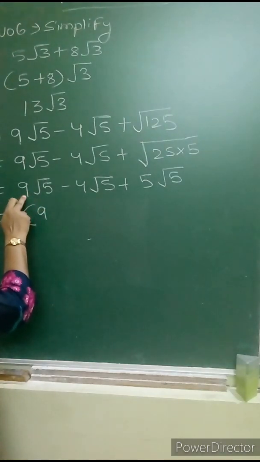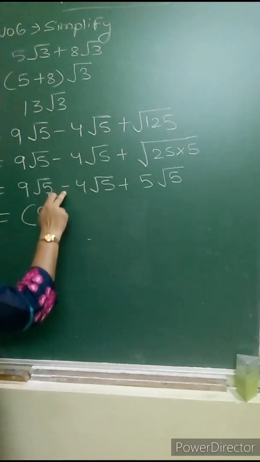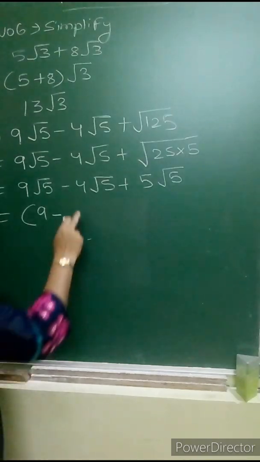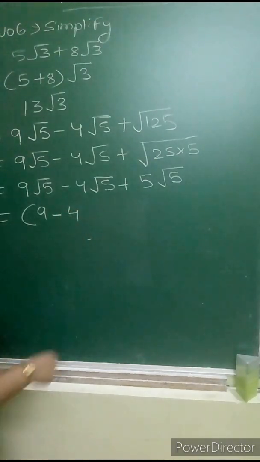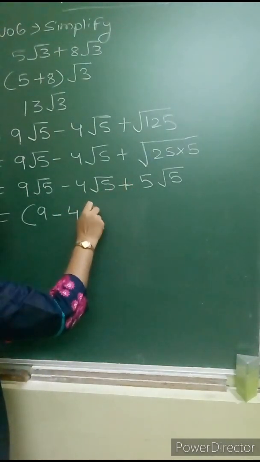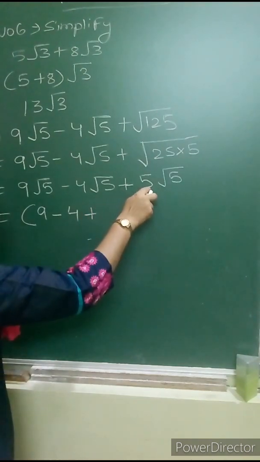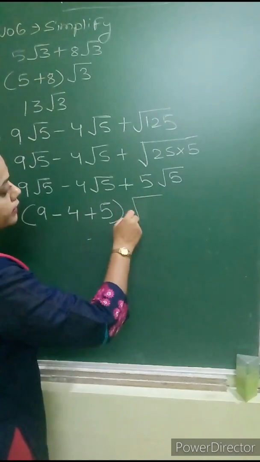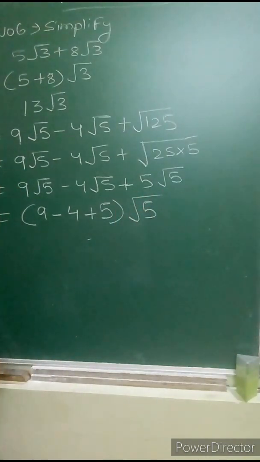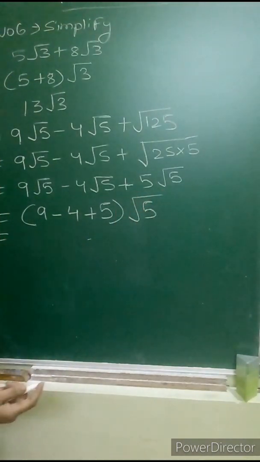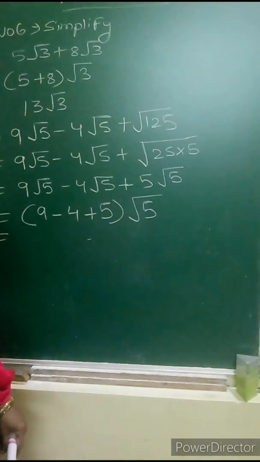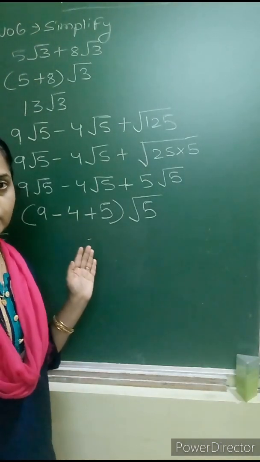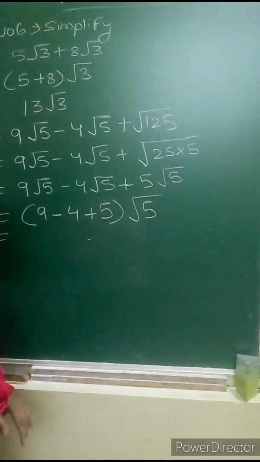First you write this rational coefficient 9, then put this minus sign, then you write this 4, put this plus sign. Why? Because the plus sign is given here in the question. Then you write this 5, close the bracket, and write the same radicand only once, that is square root of 5. Now follow the BODMAS rule. Between plus and minus, whichever sign is given earlier, that operation has to be performed first.